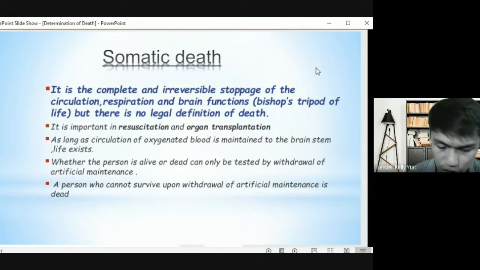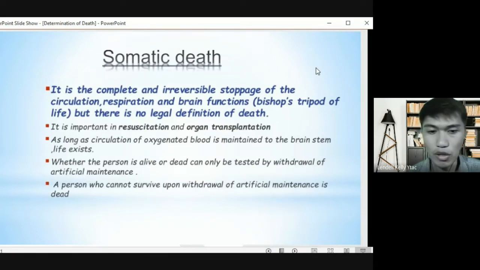That is because he or she can no longer support the existence or functioning of the 11 systems that our body has.